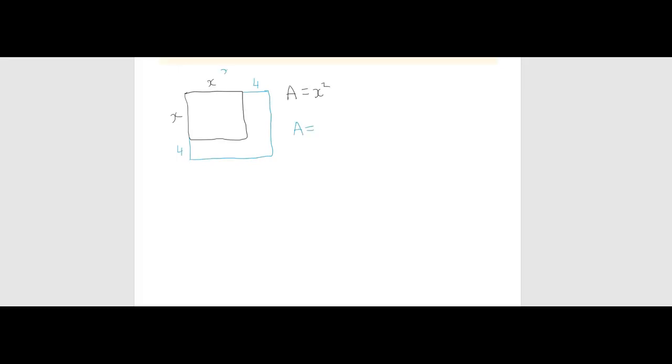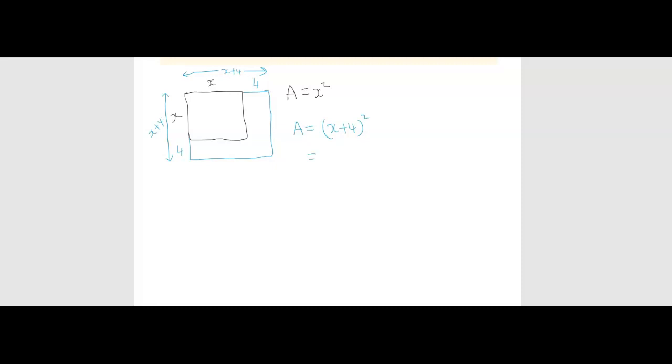That means this side here is x plus 4. Okay, so the whole distance, we initially had x and then we added another 4. And this side here is also x plus 4.